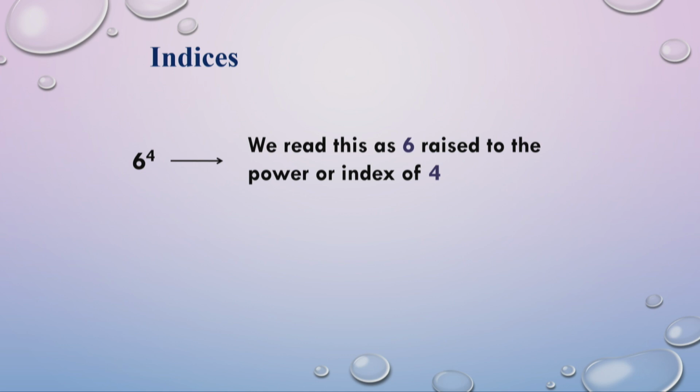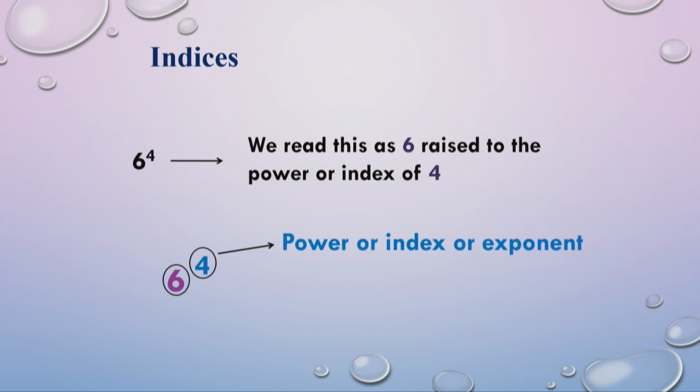Suppose I have this 6 to the power of 4. We read it as 6 raised to the power or index of 4. The 6 is called the base and the 4 is called the power. We can also use the terms index or exponent.